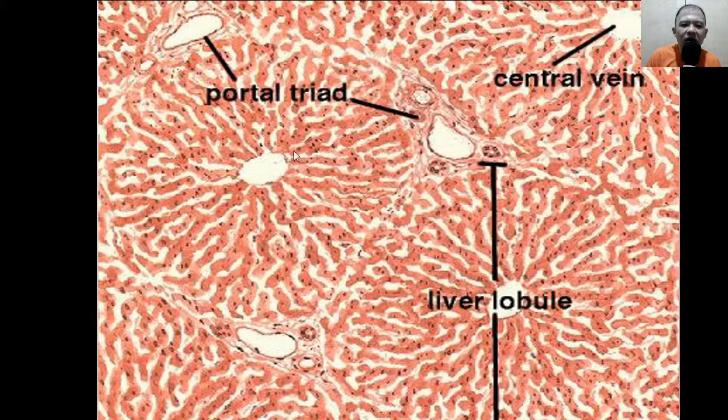It can also have other points of reference, such as the portal acinus, which is composed of, you just connect the central vein, the portal triad, and another central vein here, and another portal triad above. So that's the portal acinus. Anyway, that's just a review of your histology.